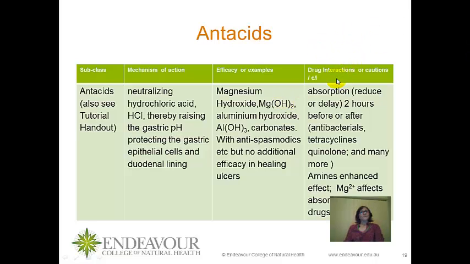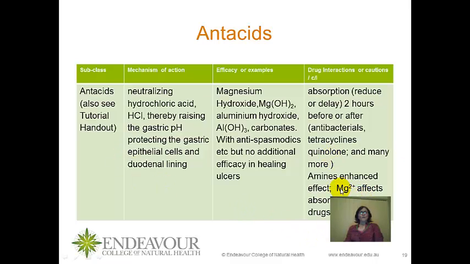So they do have some very serious drug interactions of a pharmacokinetic nature. They will affect the absorption of a whole range of drugs, where you might be told, if you are taking antacids, that you should do so 2 hours before taking other substances such as antibacterials, tetracyclines, particularly quinolone antibiotics, but many other drugs whose absorption will be affected by the quite alkaline nature of antacids.